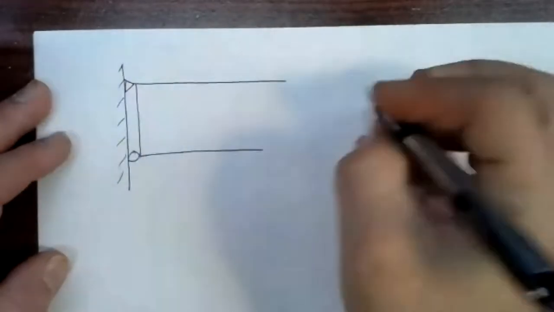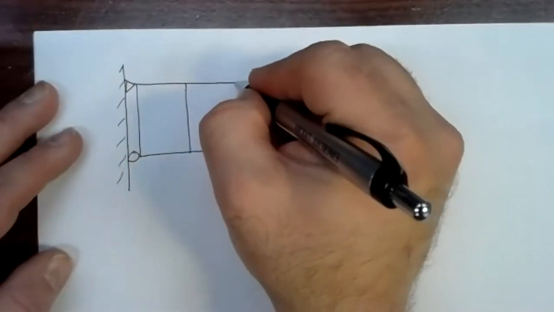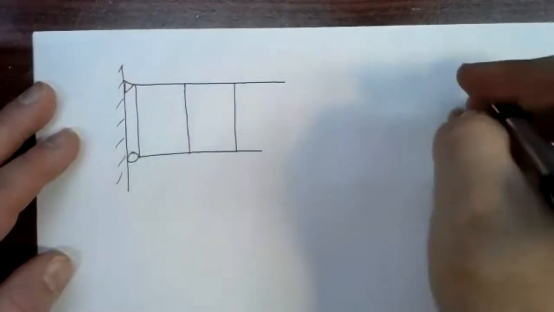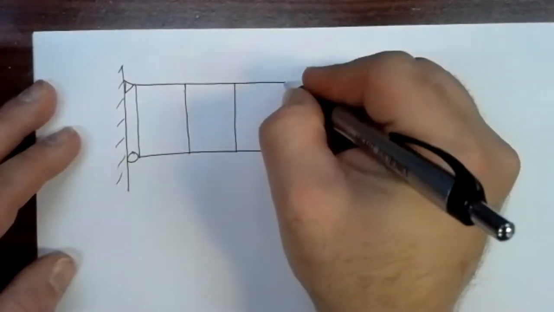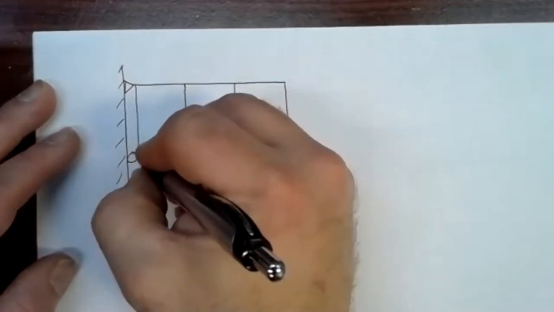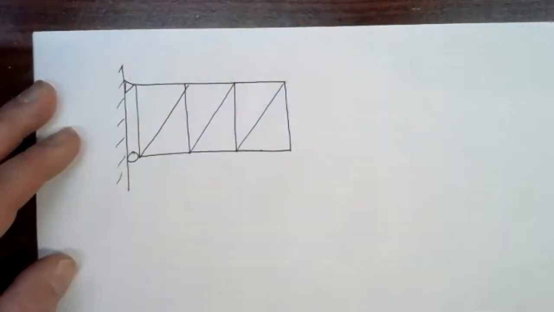And let's see, we'll have a couple of bays here. Something that looks like that.